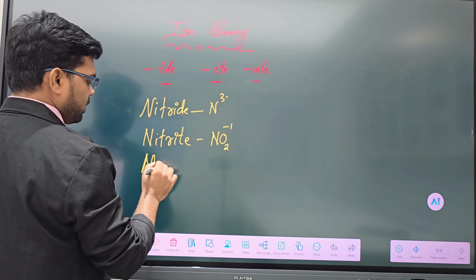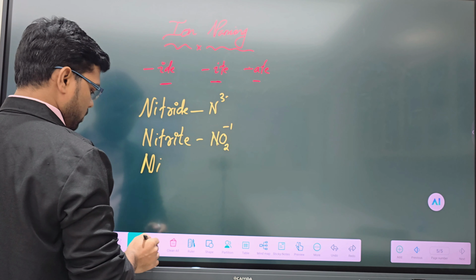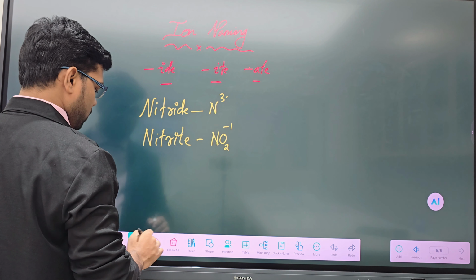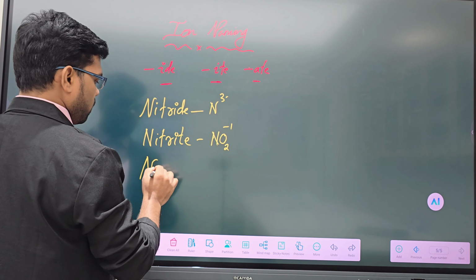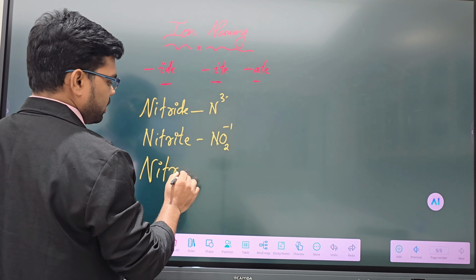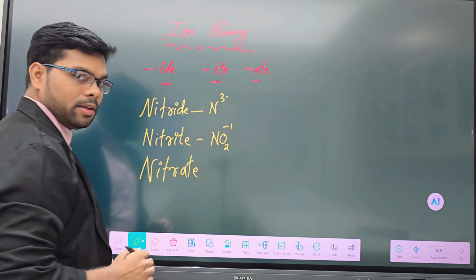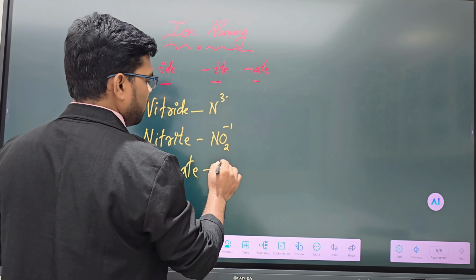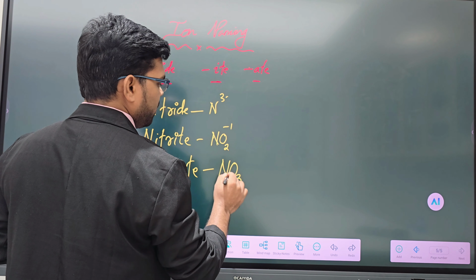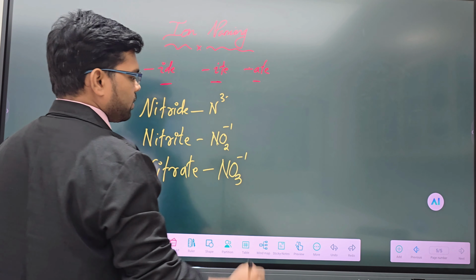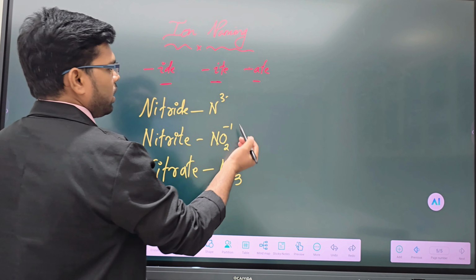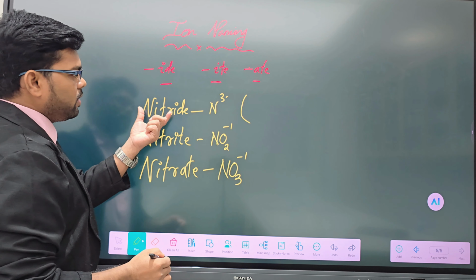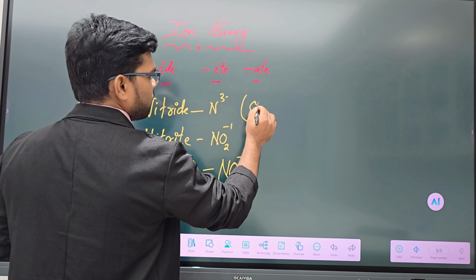When we write nitrate, here you can see suffix ATE, whose formula is going to be NO3 minus 1.